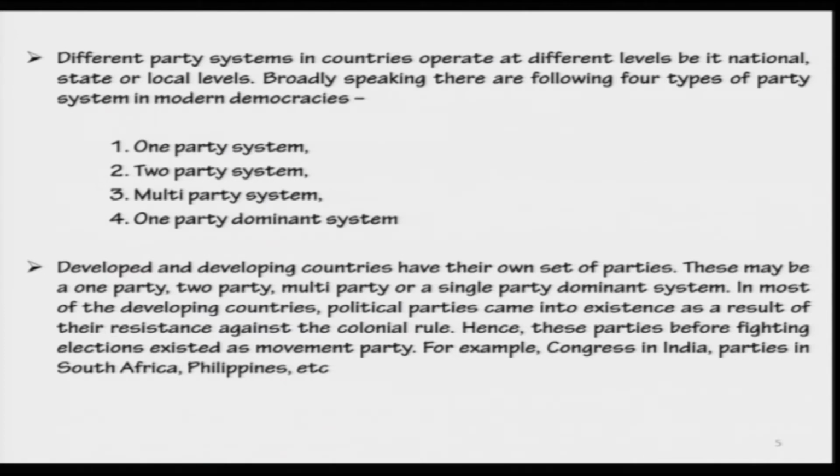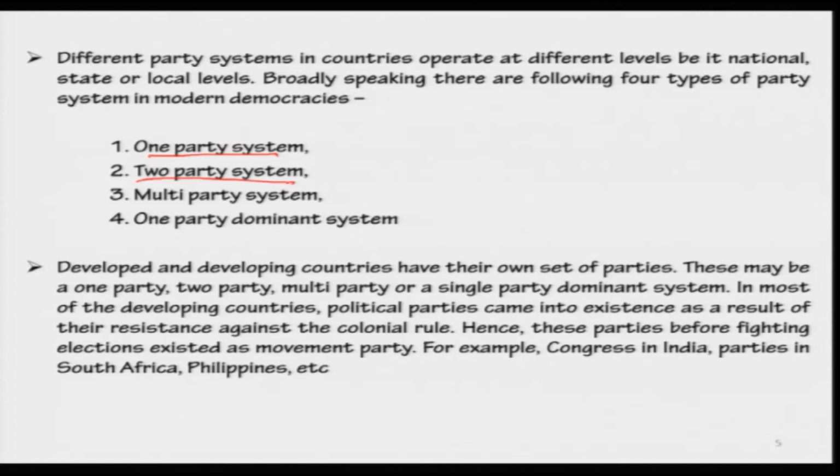Now, to understand different types of party system in modern democracy, they are conventionally differentiated on the basis of the number of parties in a polity. So, for example, in a polity there will be just one party. This kind of party system is called one party system. Then there may be the existence of two parties which alternatively form government in a polity, which is called two party system.